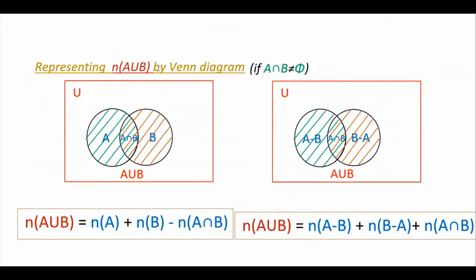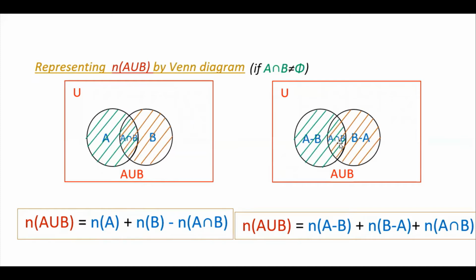Here, for n(A union B), in this case A intersection B is not equal to an empty set. Then this is set A, this is set B, and there are some common elements. So this is A intersection B, and n(A union B) is n(A), that means full elements, and here full elements of B minus you have to exclude these elements, A intersection B. So minus this one.